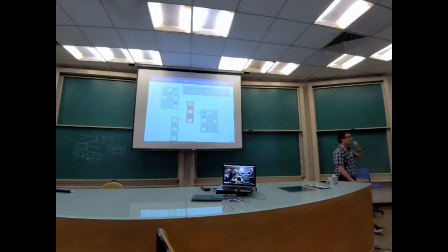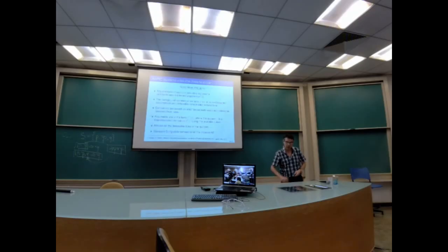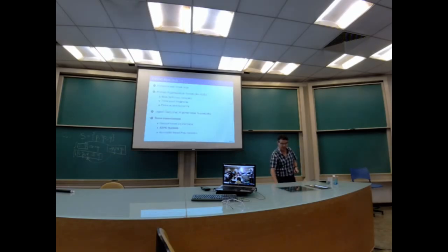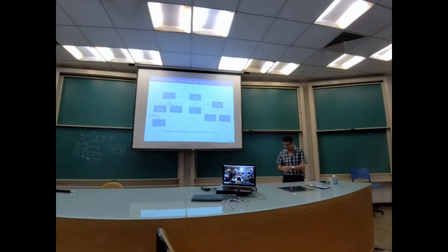I didn't understand the fourth movement on some basic principles of ASPIC systems. The fourth one? 1, 2, 3, 4. No, the fifth. Attacks on the defeasible rules in the support. Yes, so we may have an attack on the defeasible rules in the support. Here you see, for instance, this is a support of the conclusion, right?